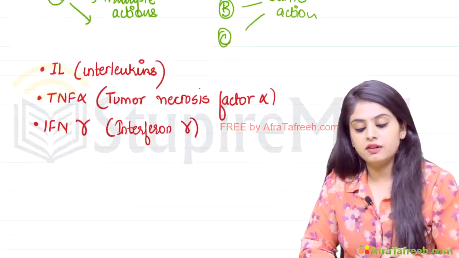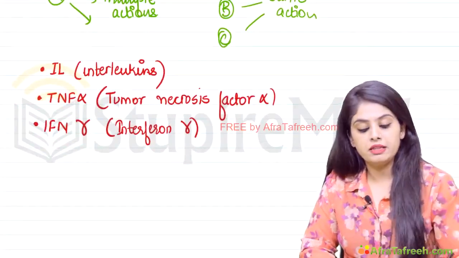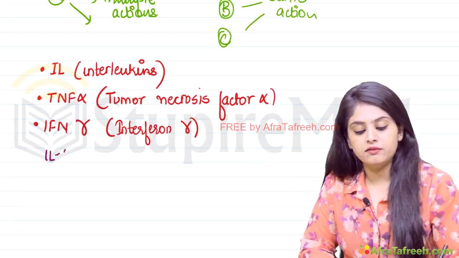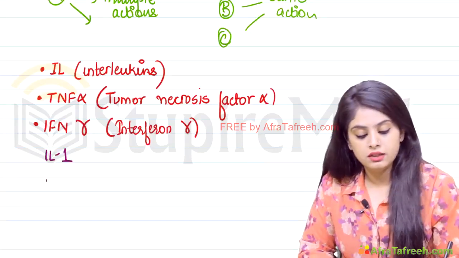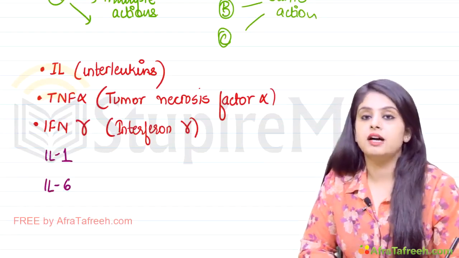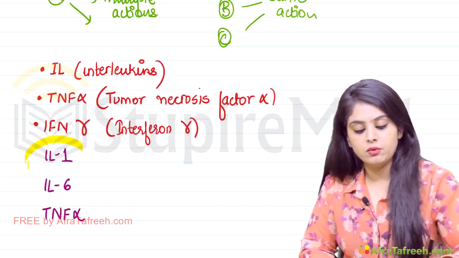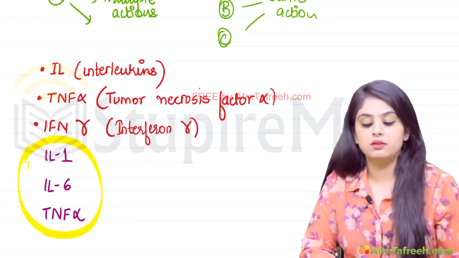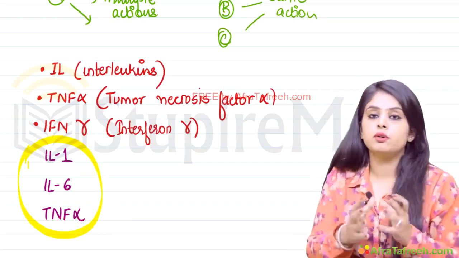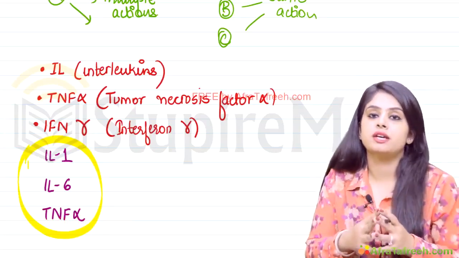Now students, there is one group that I am going to form of interleukin 1, IL-1, interleukin 6, IL-6, and TNF alpha, tumor necrosis factor alpha. I am going to form this one group right now because this group of cytokines has a common action.